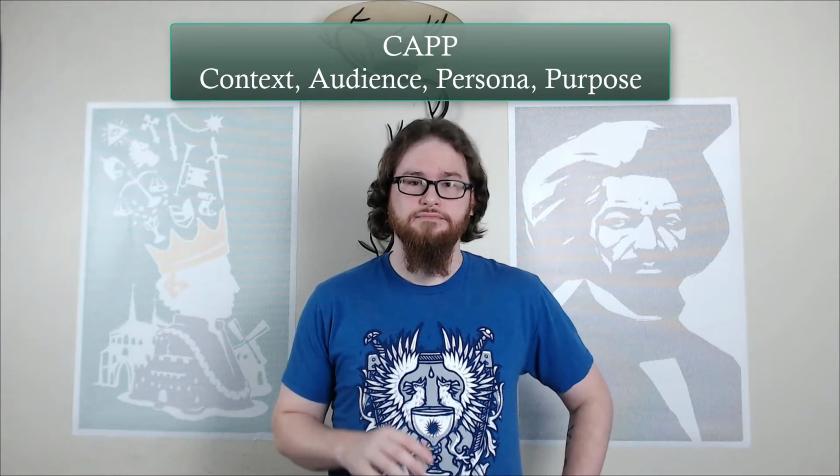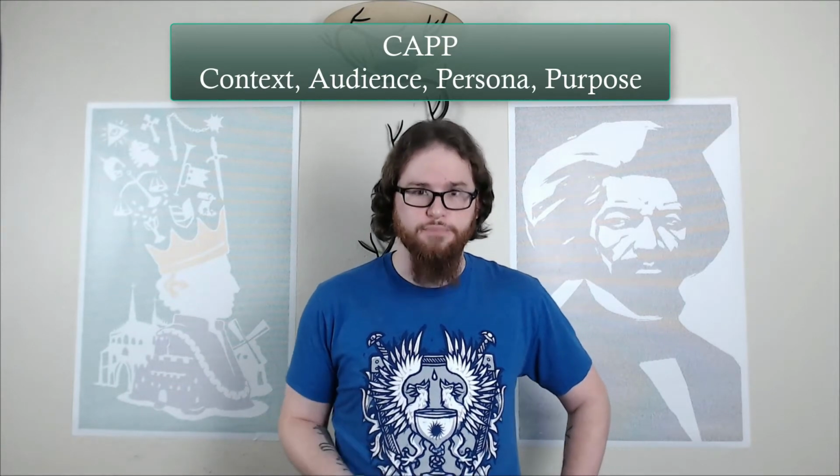And then finally, three, once you've done this, it offers a very clear grounding by which to begin to make rhetorical connections. So with some added nuance that I have added to Dr. Marshall's framework, here is our equation. CAPP: context, audience, persona, purpose.